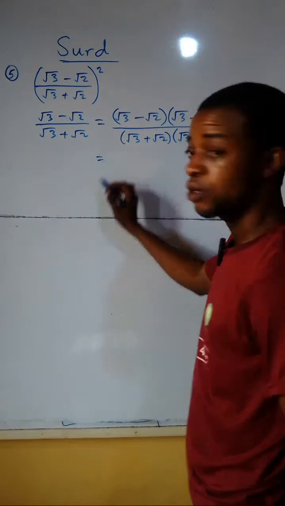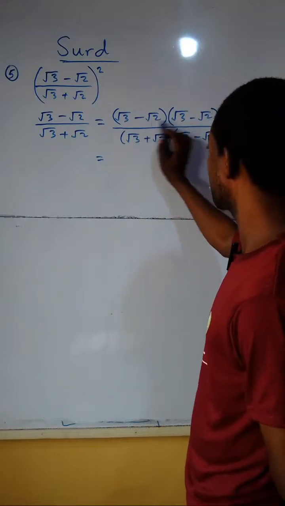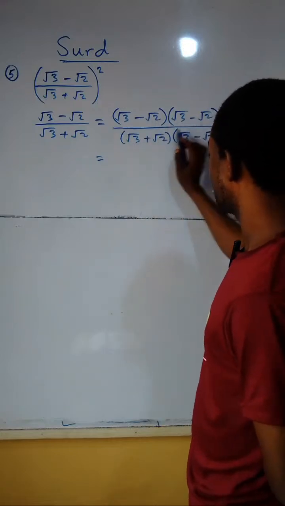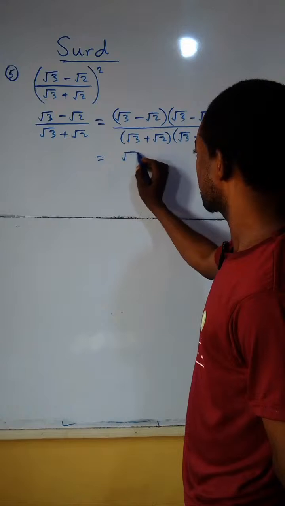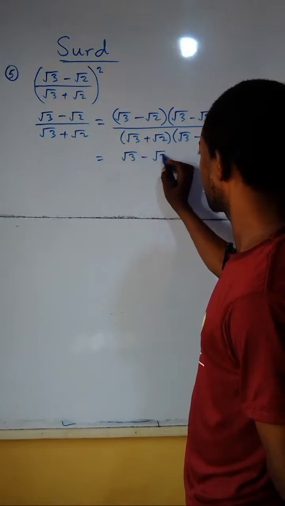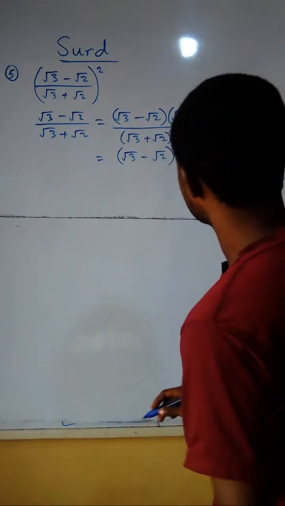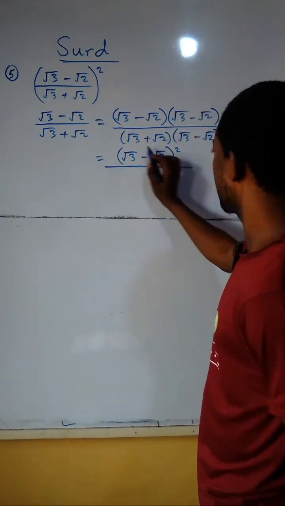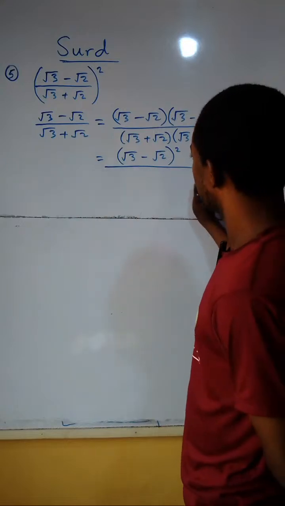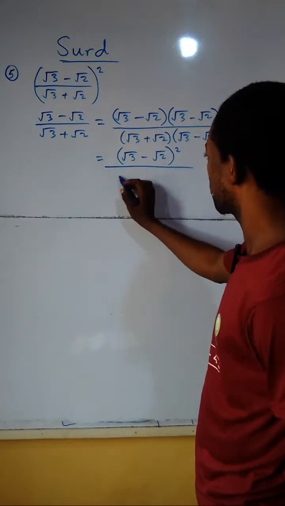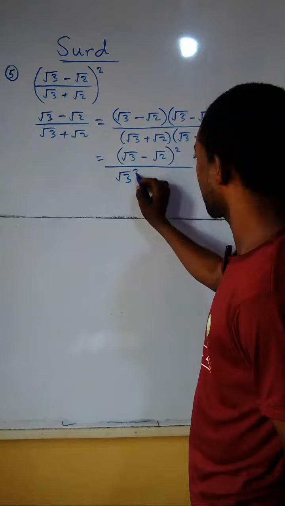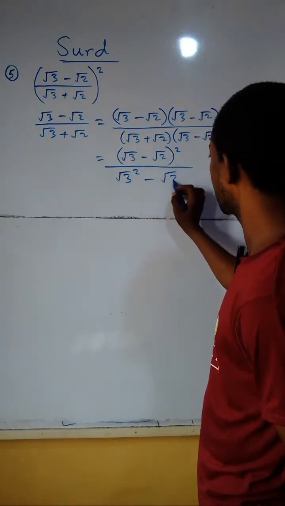Then the numerator becomes the expansion of root 3 minus root 2 all squared, since the two brackets are the same. Then divided by, here we have a perfect square, that's the conjugate, so that's root 3 squared minus root 2 squared.